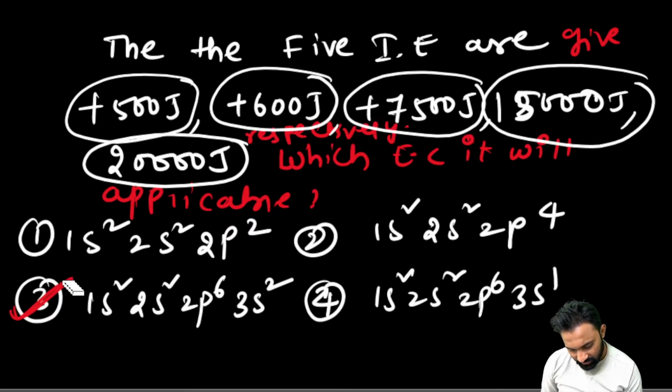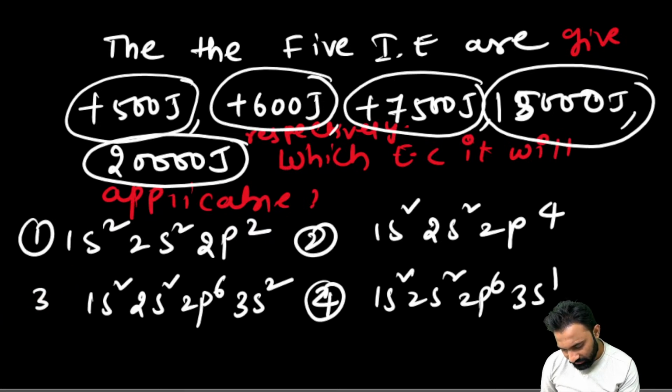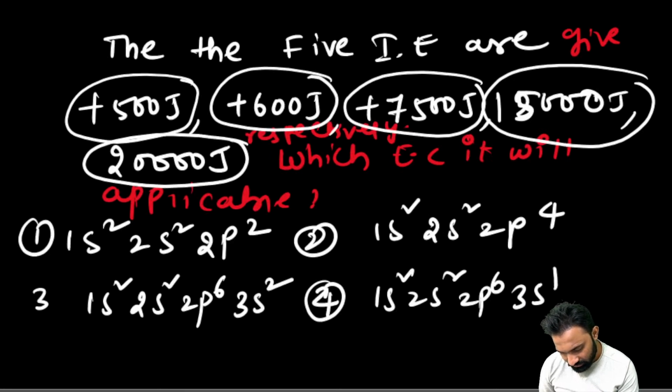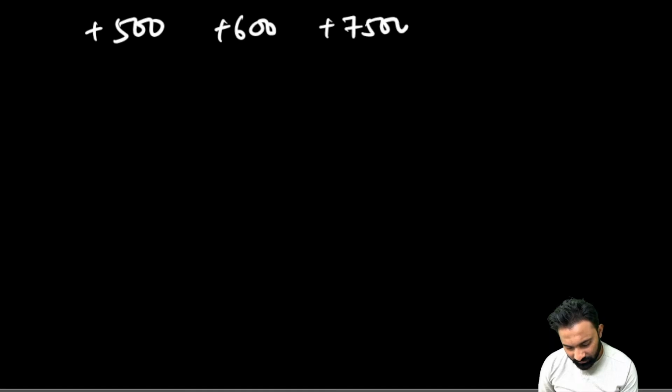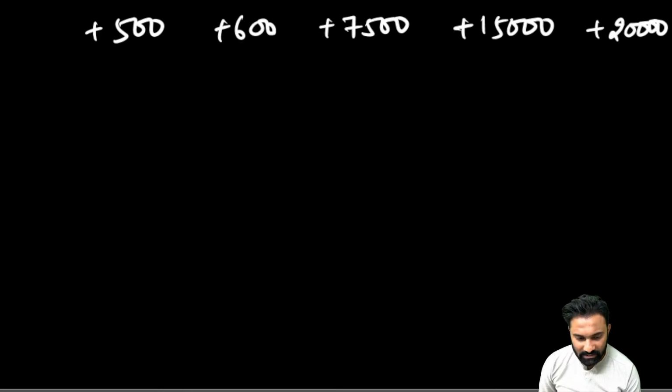Here the energies are: first one 500, second one 600, third one 7500, fourth one 15,000, and the last one 20,000. In this manner the energies are there.